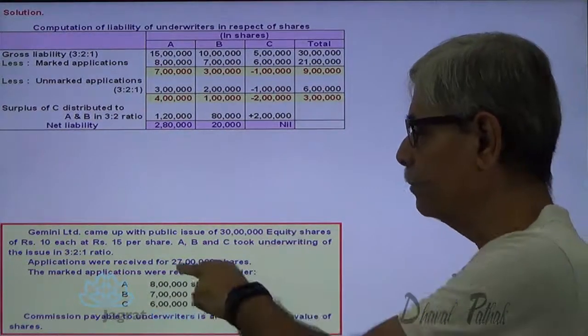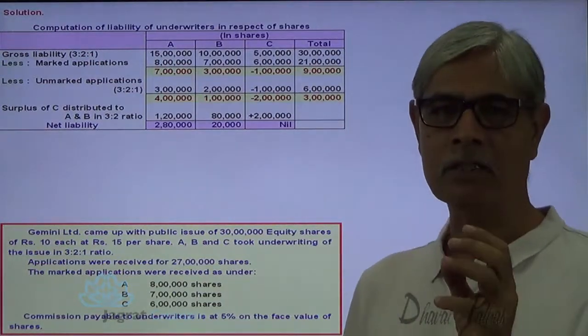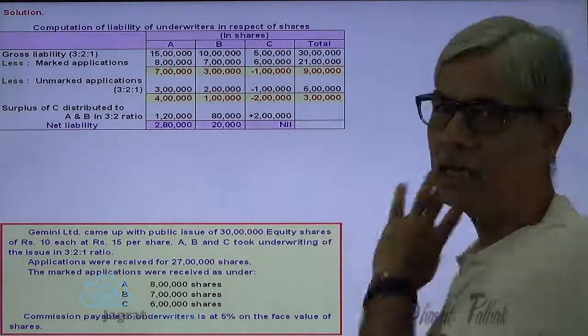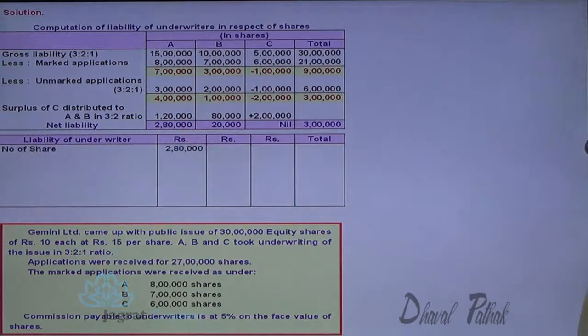Total issue 30 lakhs, applications received 27 lakhs. The applications are short by 3 lakh shares, and the liability determined for A and B is 3 lakh shares. Now they are required to pay at the rate of rupees 15 per share for shares allotted to them.